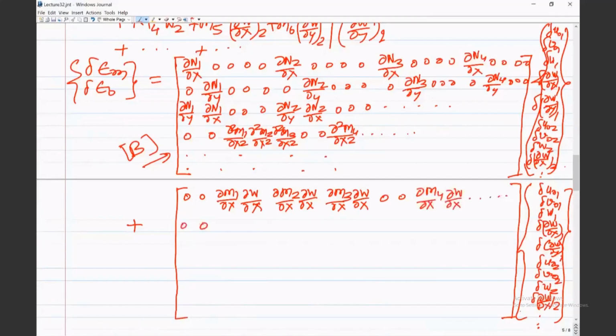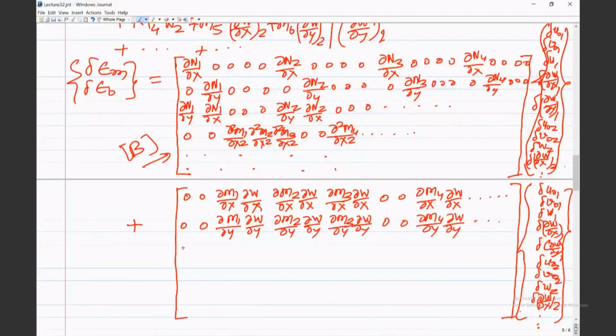So in the second row we will have derivatives with respect to y. So del m1 by del y into del w by del y, del m2 by del y into del w by del y, del m3 by del y into del w by del y, 0, 0, and then del m4 by del y into del w by del y, and so on.